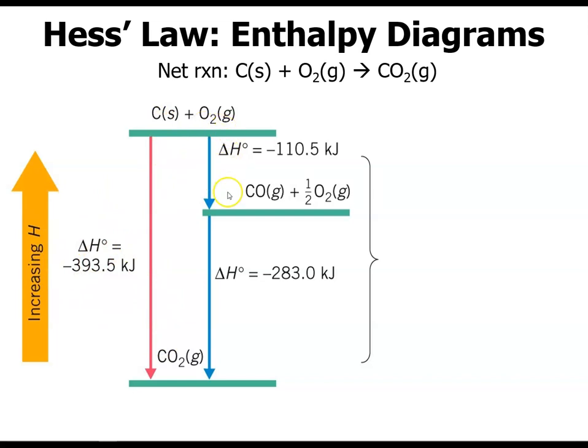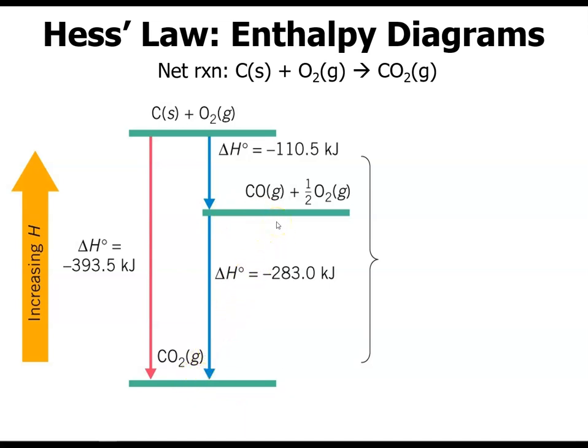We can also do this in the stepwise fashion, where we have this carbon and oxygen make carbon monoxide. We take some more carbon monoxide and oxygen, and then we can make the carbon dioxide. This is a two-step process, and we get little chunks of that energy for each little pathway for how far we fall down that energy diagram.